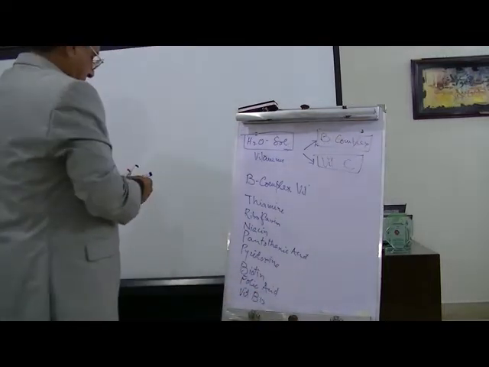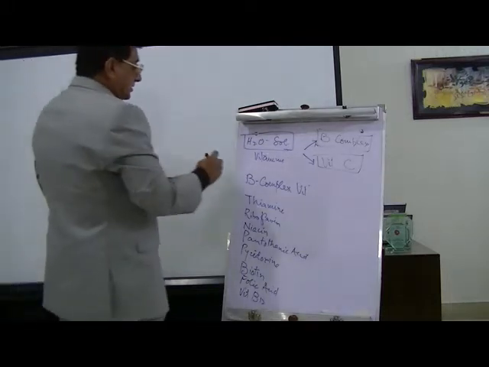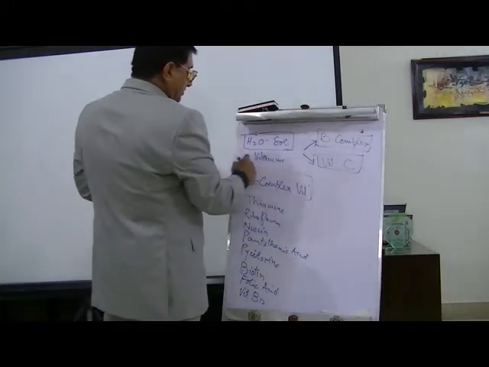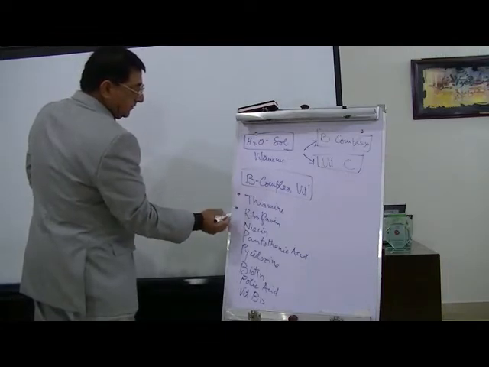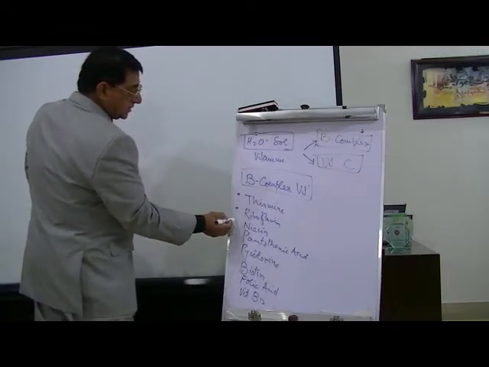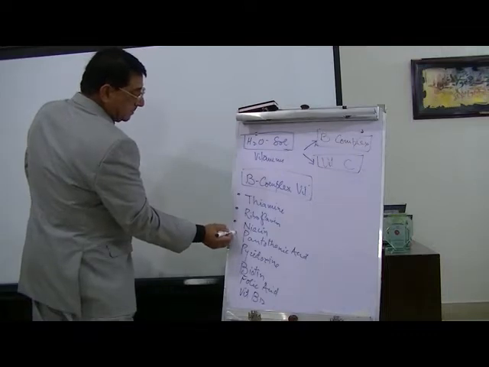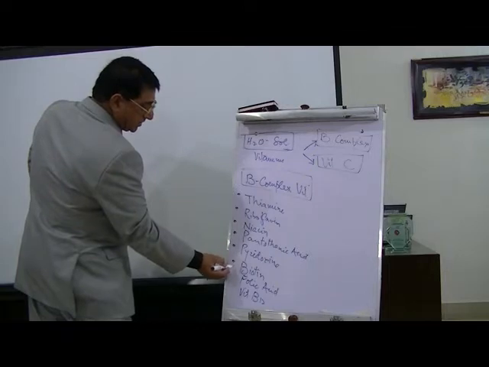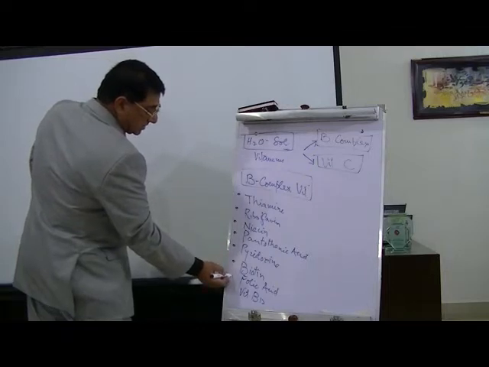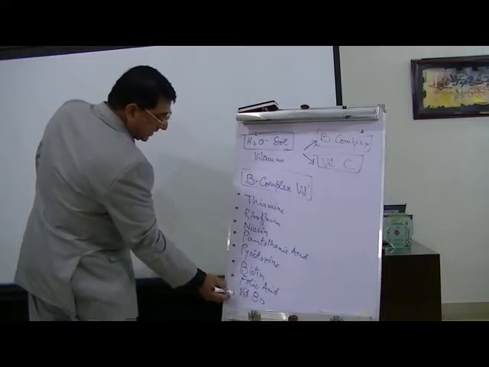So I repeat, this is the B complex vitamin group. The important ones are thiamine, riboflavin, niacin, pantothenic acid, pyridoxine, biotin, folic acid, and B12.